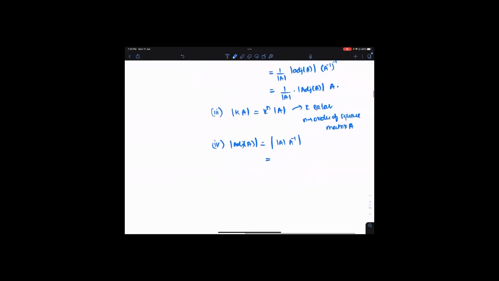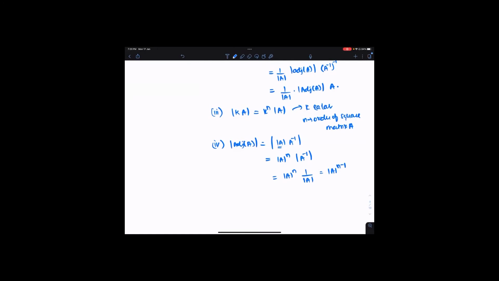Det A is a scalar, take it outside: det A power n into det of A inverse, which is 1 by det A. So we get det A power n minus 1. Det of the adjoint matrix is det A power n minus 1, where n is the order.